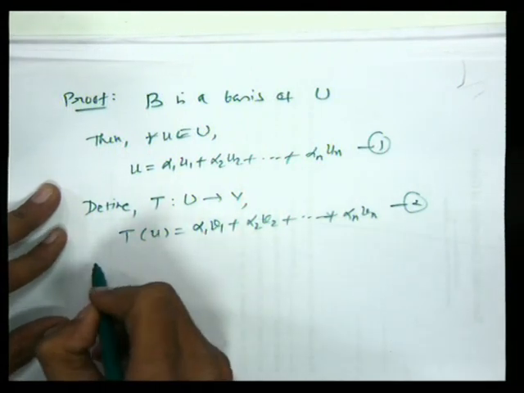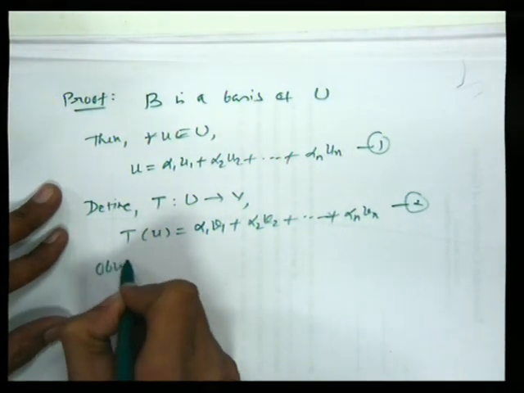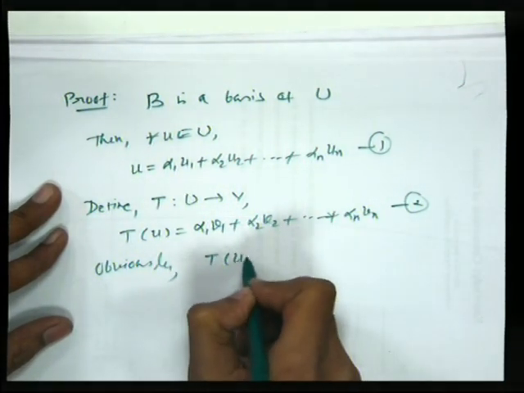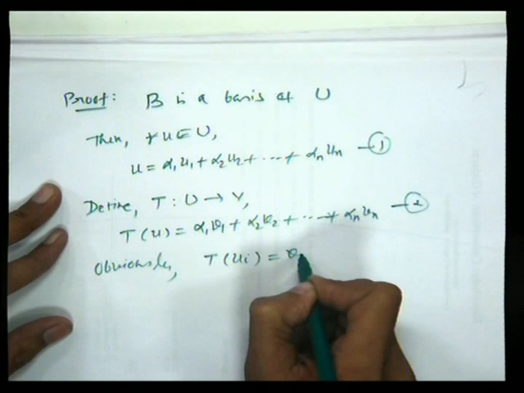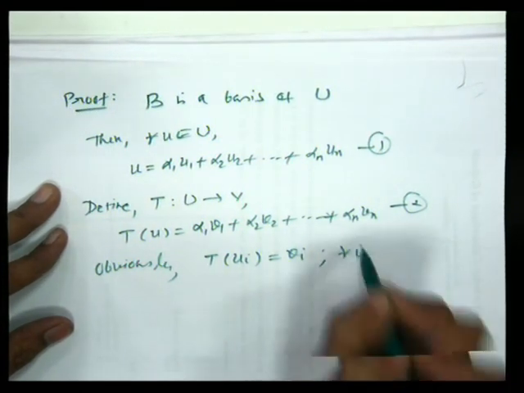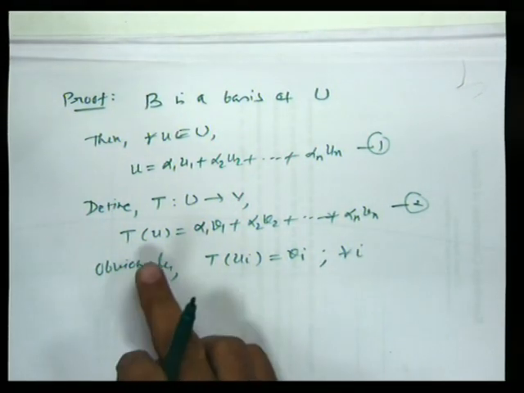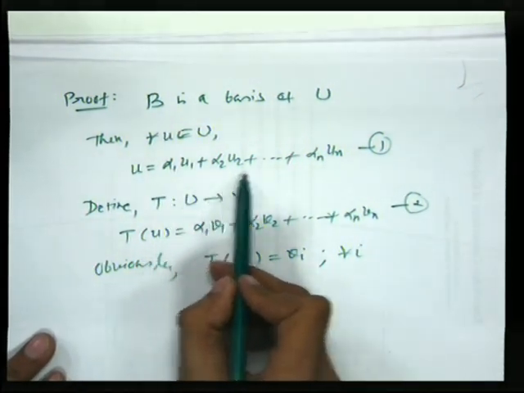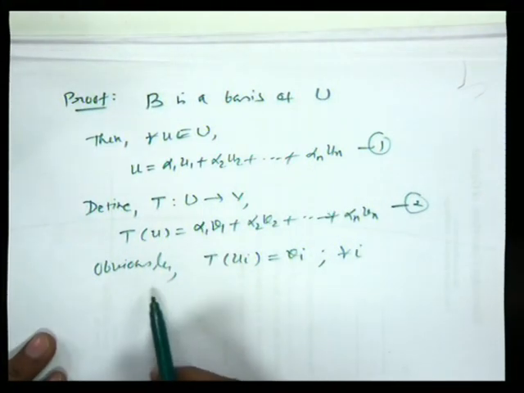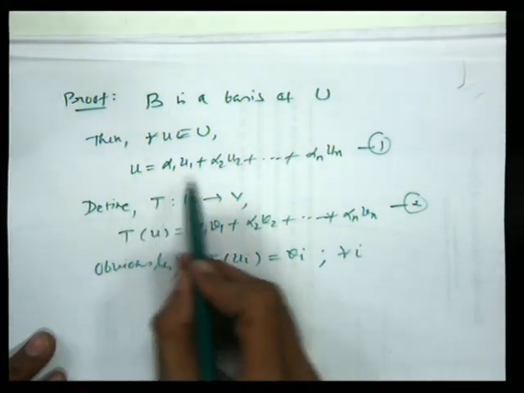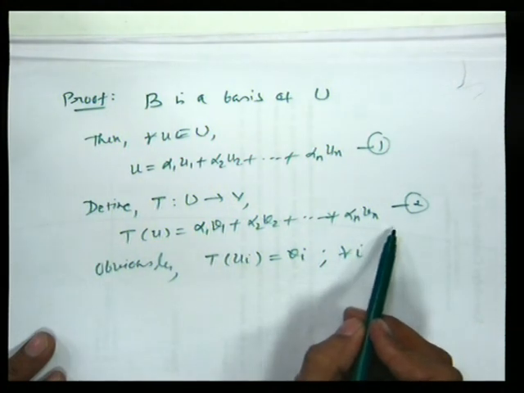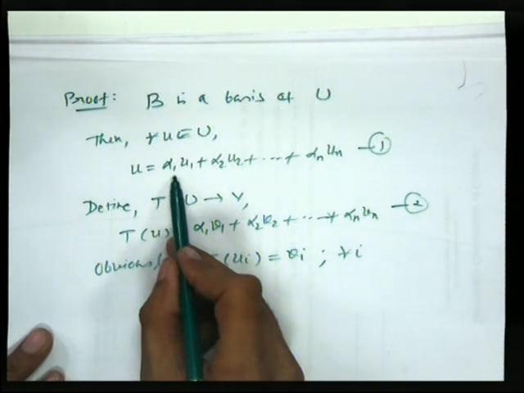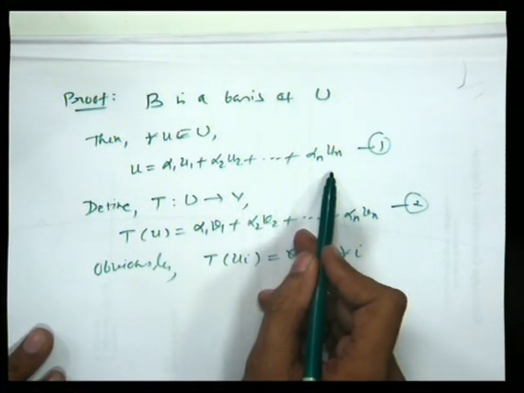then obviously this gives t of ui equals vi for every i. You can check that, because here we have u is equal to alpha 1 u1 plus alpha 2 u2 plus up to alpha n un. So if you want to find out t of u1 from equation 2, then you put alpha 1 is equal to 1, and the rest of alpha 2, alpha 3 up to alpha n equal to 0.